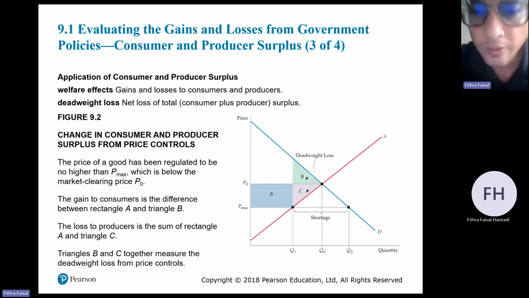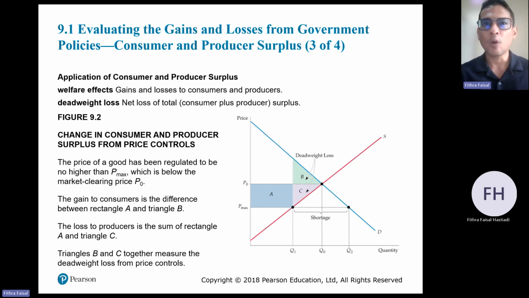But the problem is when you set the price below the market price, or we can call it the ceiling price over here, this creates shortage. This is actually economics 101, right? When the price is below the market price, the demand should be quite overwhelming. So we had this shortage of quantity of the cooking oil.